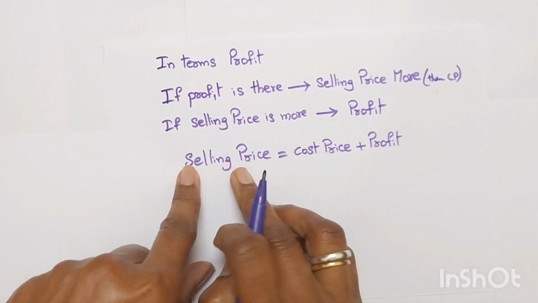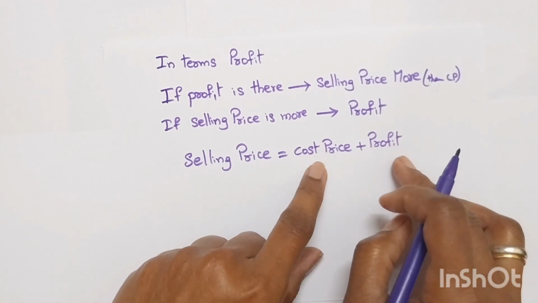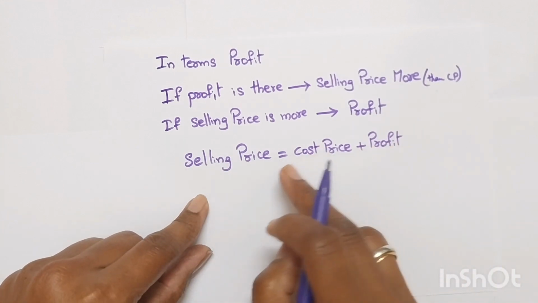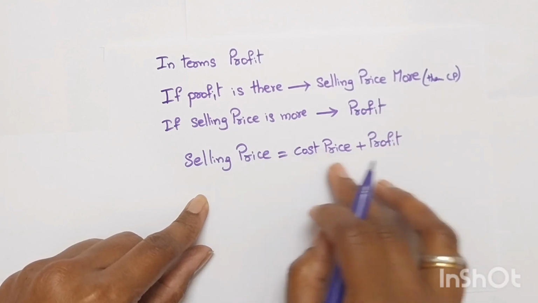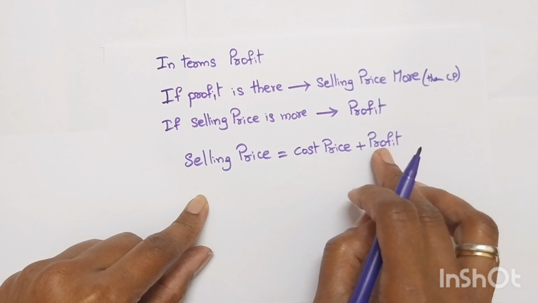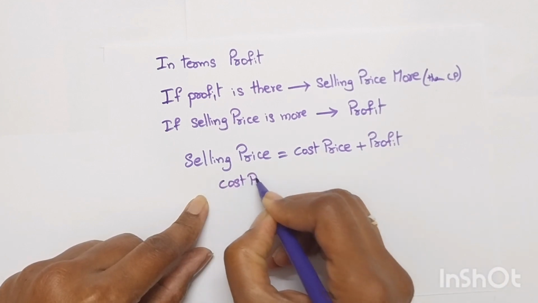The greater value equals the addition of the remaining two values. Greater value equals cost price plus profit. If we want one of these two values, first I take cost price.